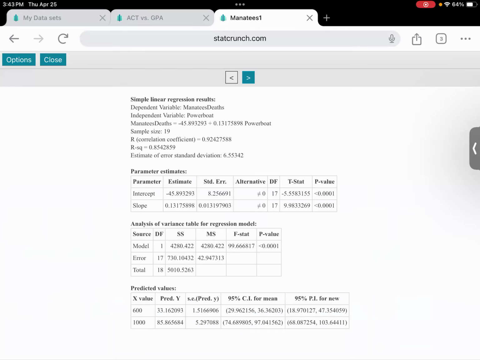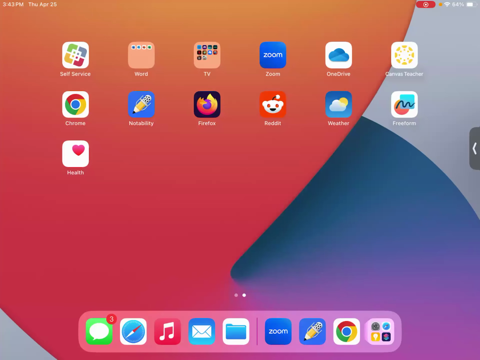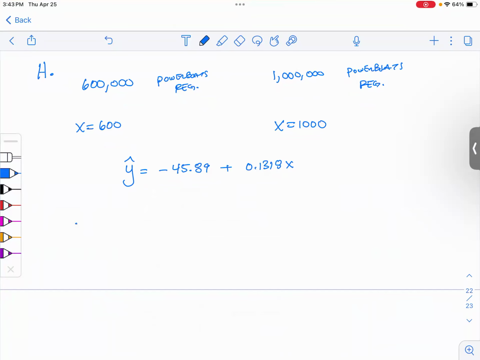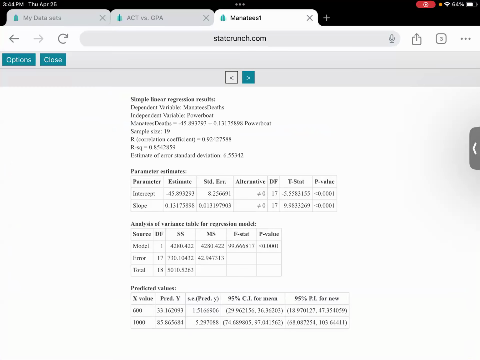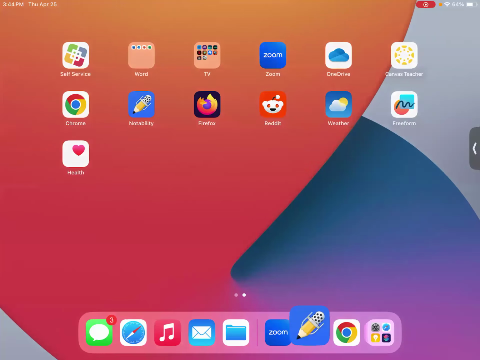And it gives me the two predictions, so I don't even have to calculate those. 33.16 and 85.87.